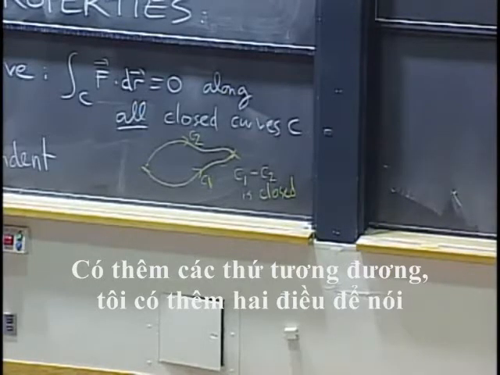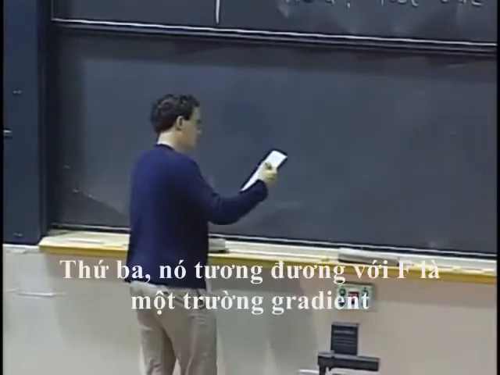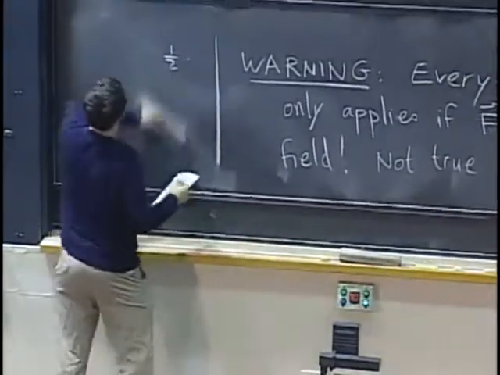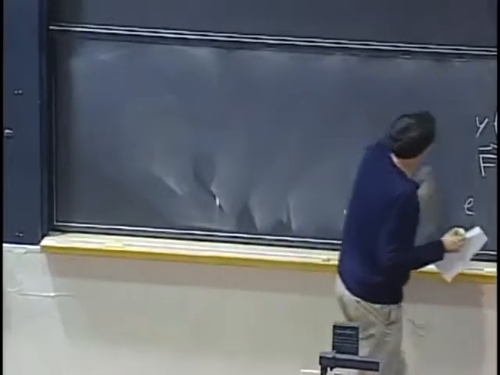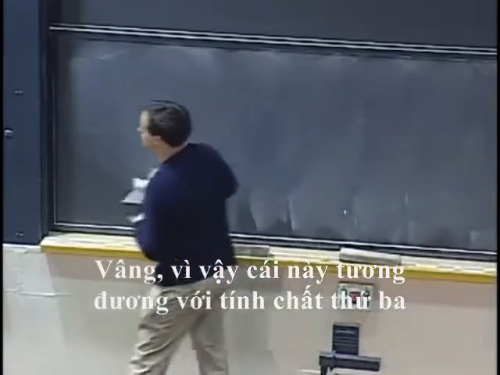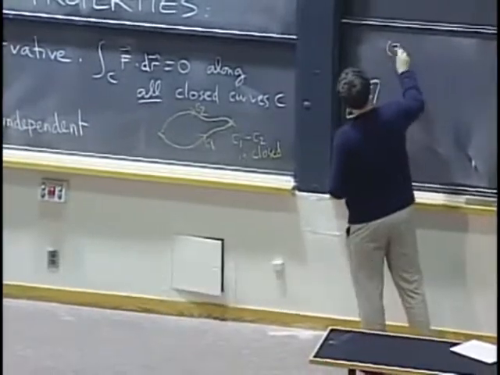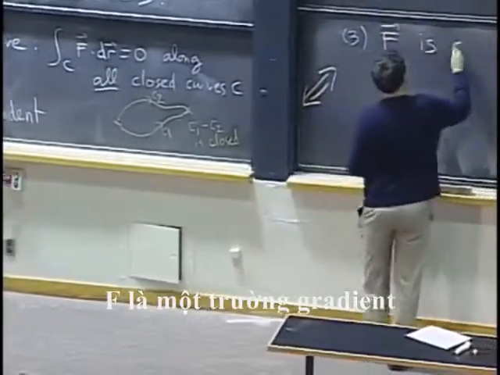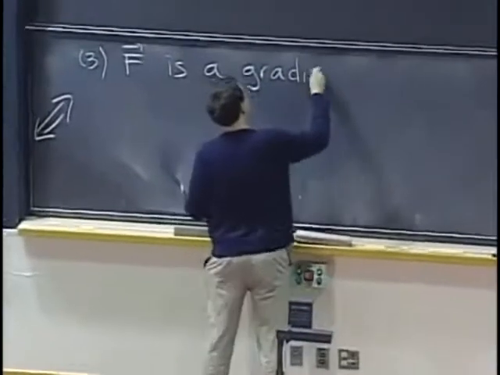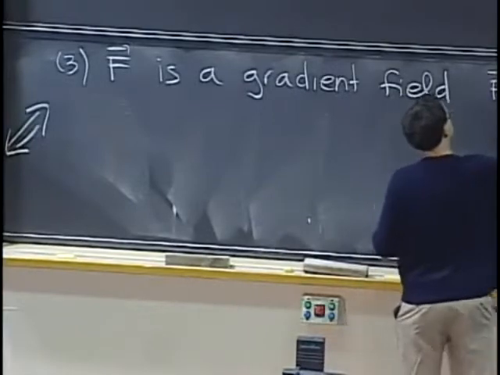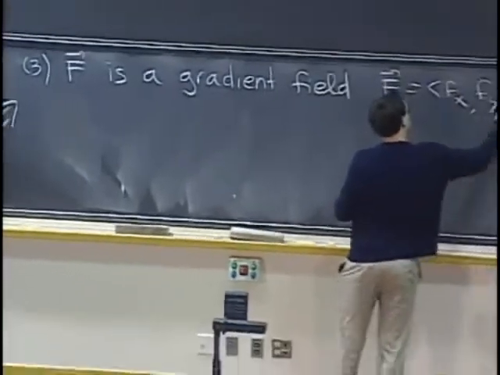More things that are equivalent. I have two more things to say. The third one, it's equivalent to F being a gradient field. Okay, so this is equivalent to the third property, F is a gradient field. Why?